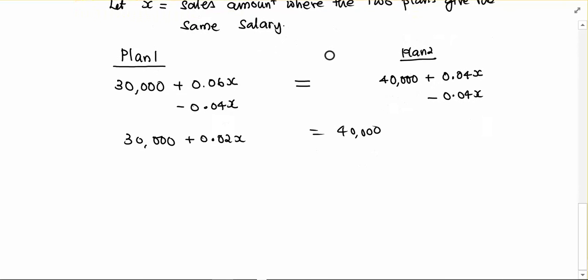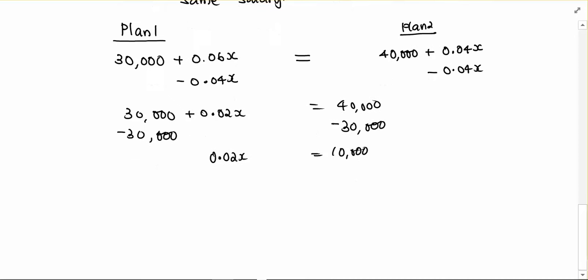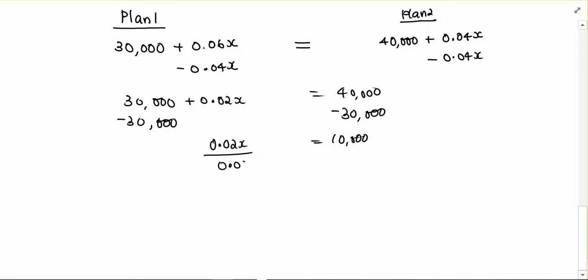And then I'm going to subtract 30,000 now, and I get 0.02x equals 10,000. And then I'm going to divide by 0.02, and I get x equals what? Let's see, 10,000 divided by 0.02 is 500,000.